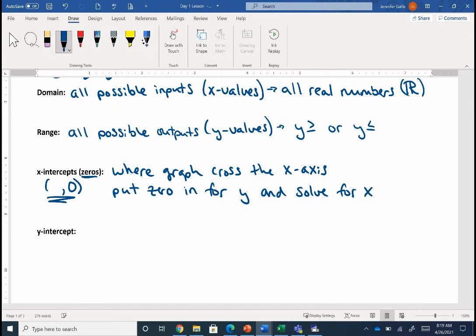So then the y-intercept, kind of same definition, but interchange x and y. So it's where our graph crosses the y-axis.